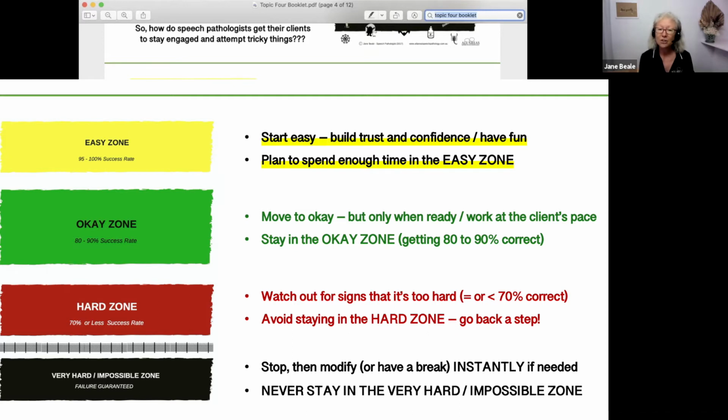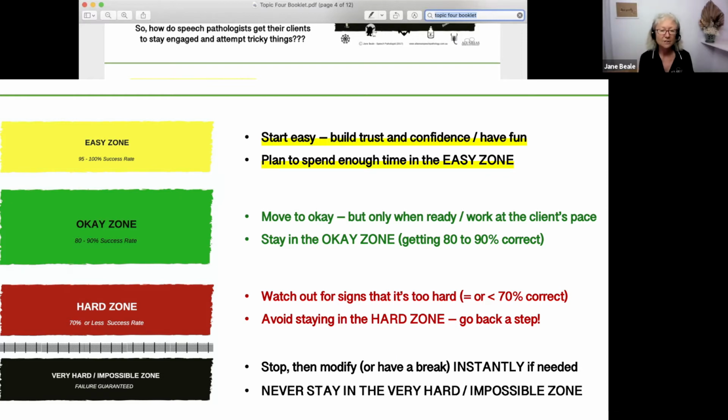We move into the OK zone when the client is ready, and we do this by working at the client's pace. And we stay in that zone when we can see that the client is getting about 8 out of 10 correct or 9 out of 10 correct on the activities that we're giving them. That means we're checking how many they're getting correct, and we're going to look at how we do that in a few minutes.